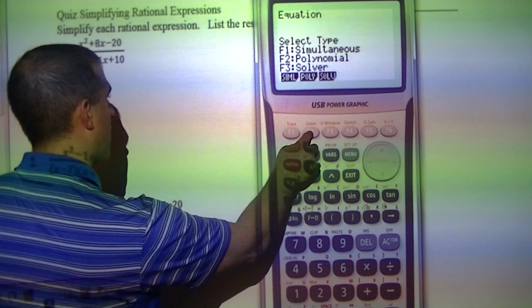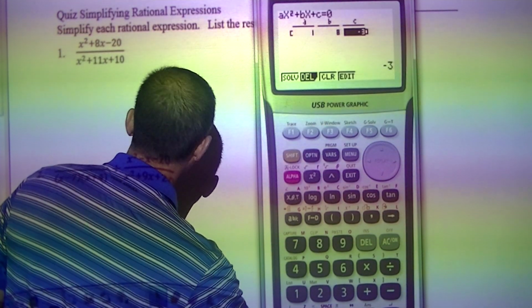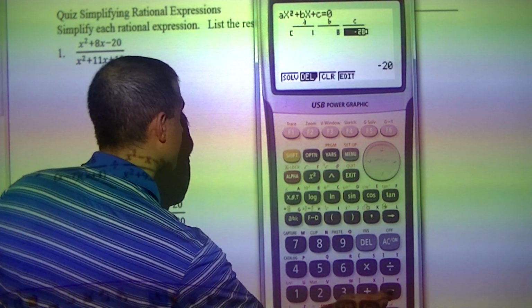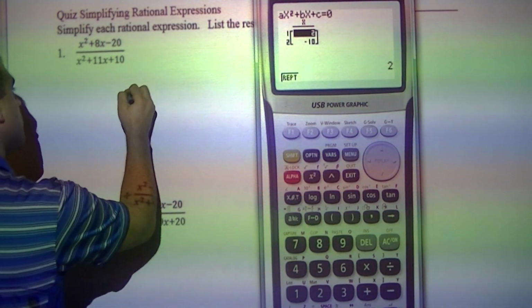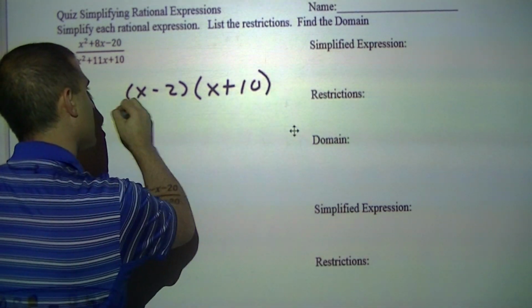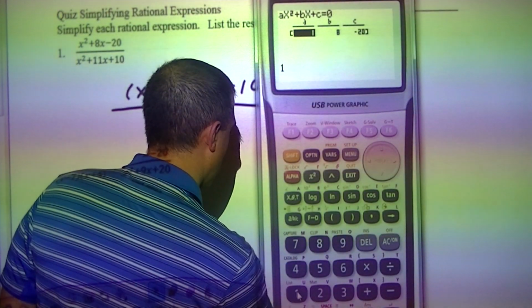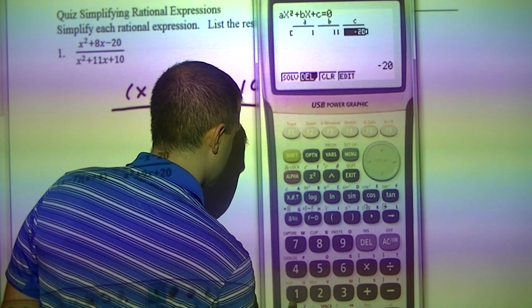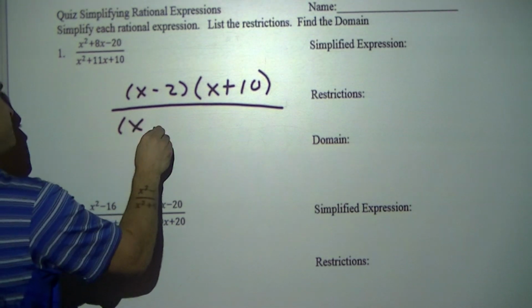Polynomial, degree 2, 1, 8, -20. So what that means is I'm going to get x minus 2, x plus 10. This one's going to be 1, 11, 10, x plus 1, x plus 10.